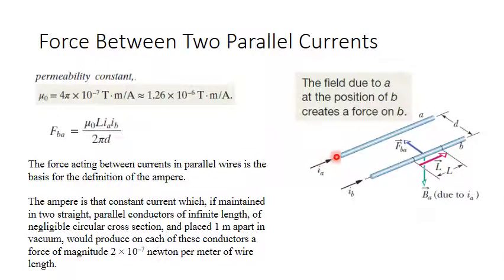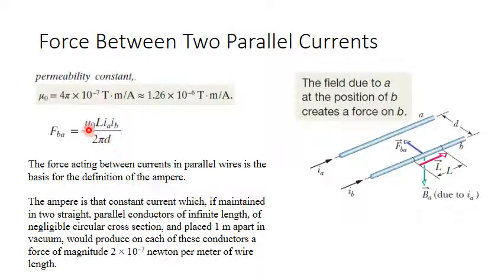Assume that we have two parallel wires, and the current in each wire is 1 ampere, and the spacing between the two wires is 2 pi. So the force in this case per unit length, assuming that the length is 1 meter, would be mu naught multiplied by 1 ampere multiplied by 1 ampere over 2 pi multiplied by 1 meter.